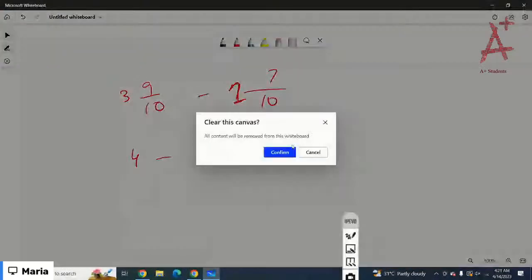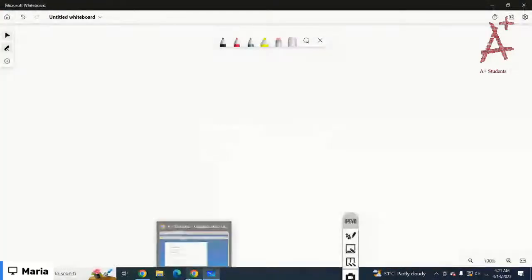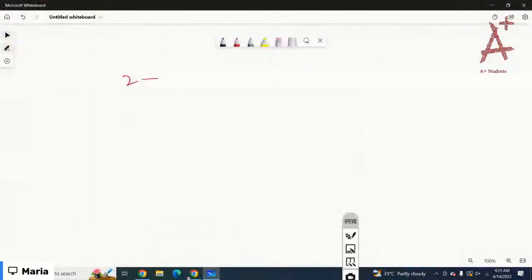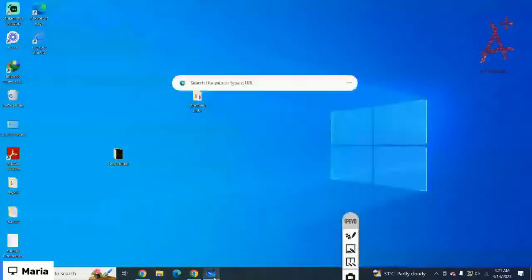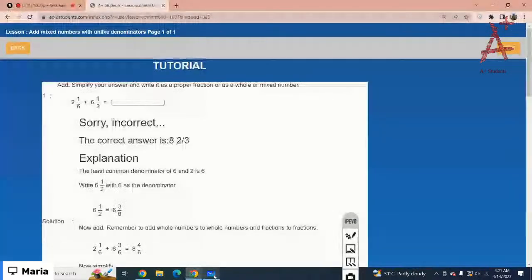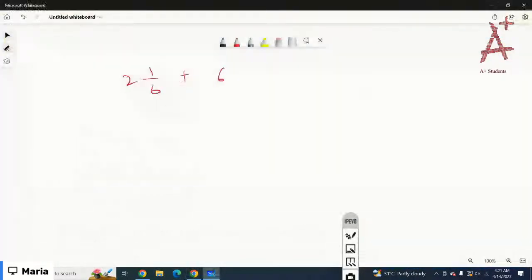Let's just do the first example. 2 whole 1 over 6 plus 6 whole 1 over 2. Okay. First of all, let's just convert them to improper fractions.